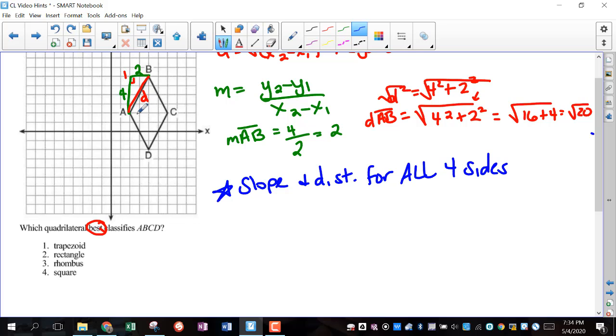If you don't have negative reciprocal slopes, you automatically don't have a rectangle because there are no 90-degree angles, which would then also mean you don't have a square if there are no 90-degree angles. For a rhombus, you want to see if all 4 sides are of the same length. Okay, so the distance is what would help you with that one. So you're going to do distance and slope for all 4 sides, and that should help you identify what type of quadrilateral you have.